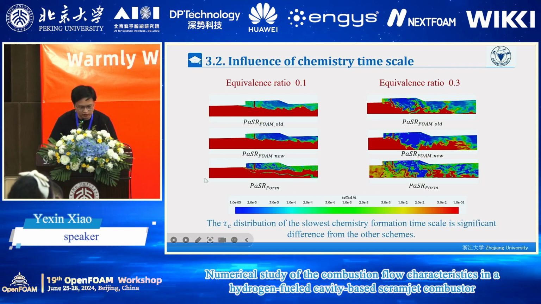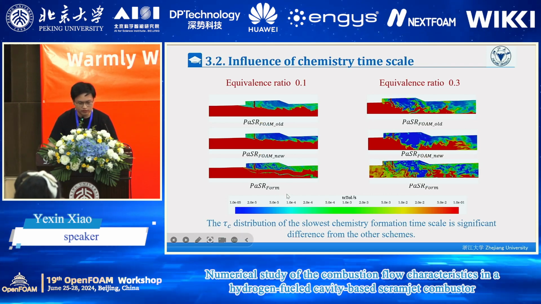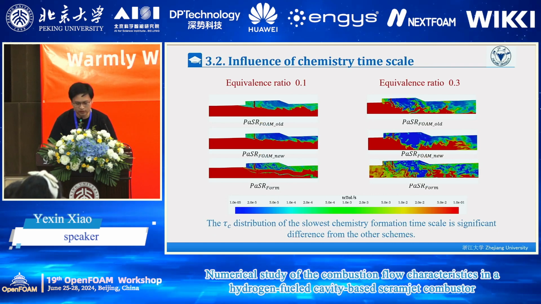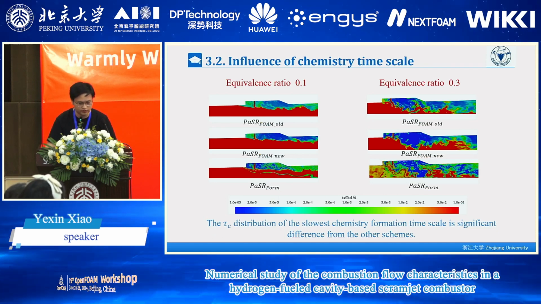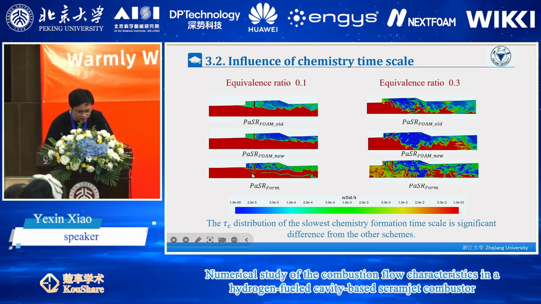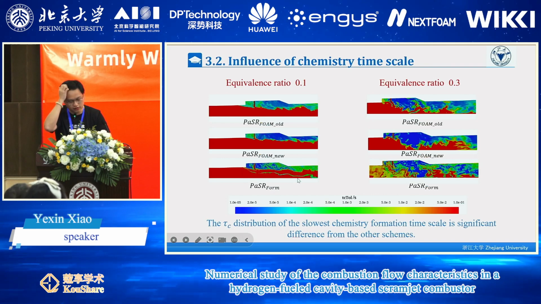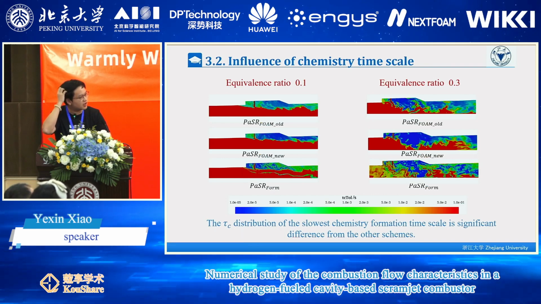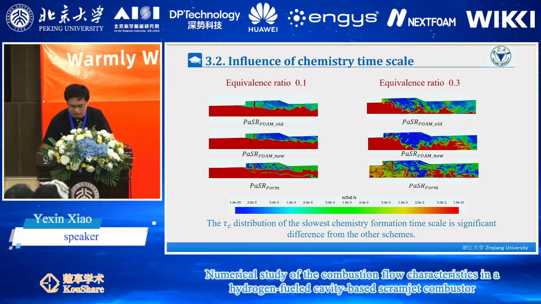And the slowest formation timescale here is significantly different from these two, because you can see this green light here. It may be caused by the shock wave, but doesn't mean anything to combustion.